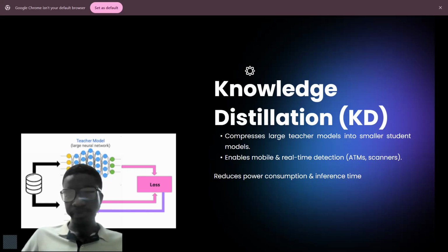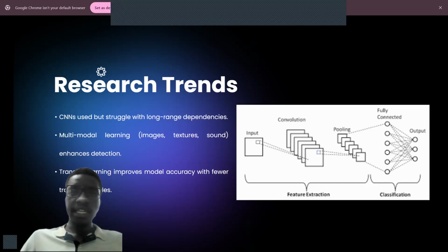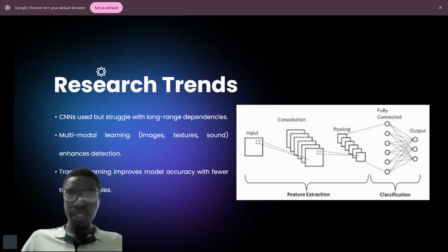Then we shall go through the research trends taking place in the field of counterfeit detection. We have CNNs, which are convolutional neural networks. These work like ViTs, like how my colleague had said, but they have one major problem: they cannot handle long range dependencies.